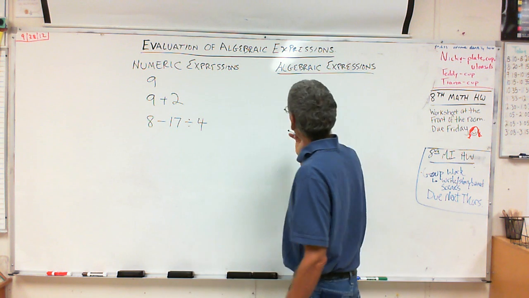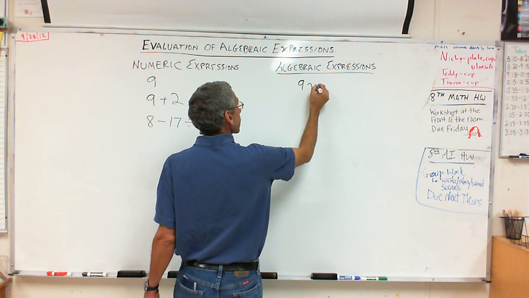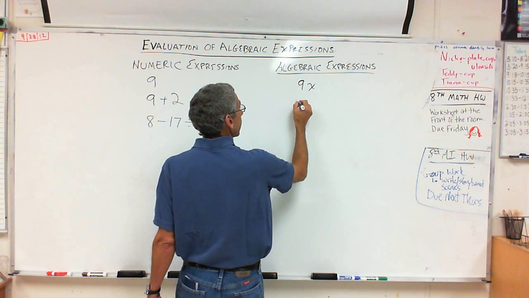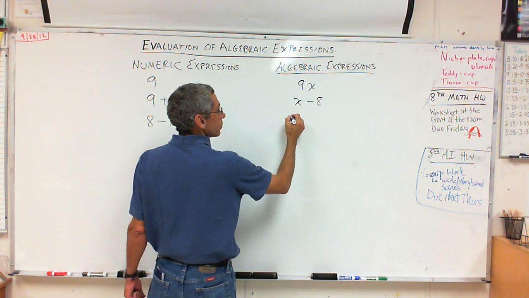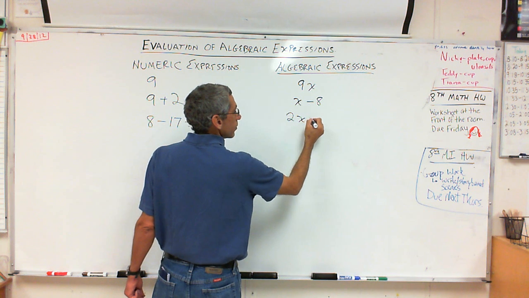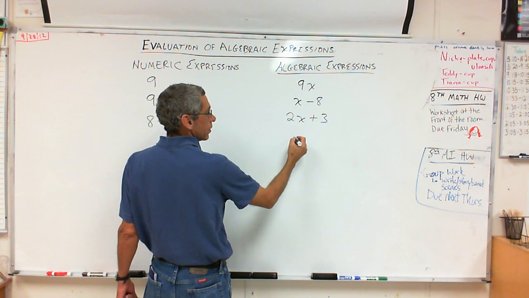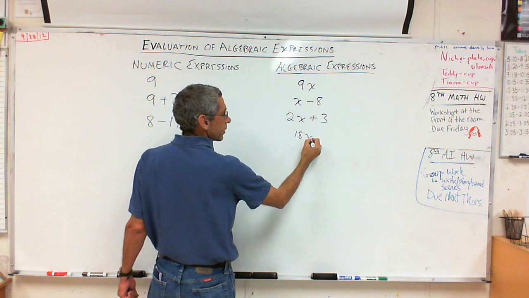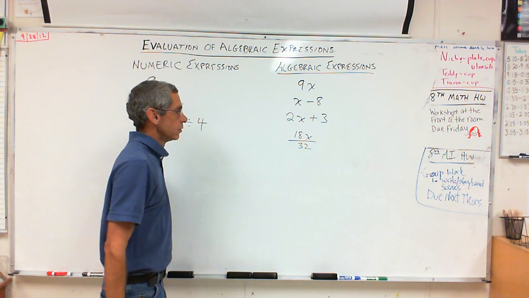What that would look like would be something like this: 9x, or x minus 8, or 2x plus 3, or 18x divided by 32. Right?